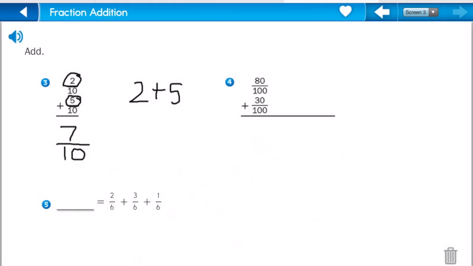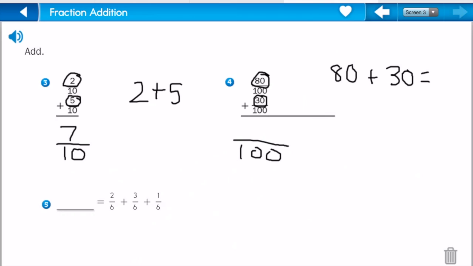Okay, let's try the next one. It might look a little scary because the numbers are big, but remember, I never change my denominator. So I'm going to keep it as 100. And now I'm just going to add 80 plus 30. So 80 plus 30. And remember, guys, I can use the 0 as my hero trick.